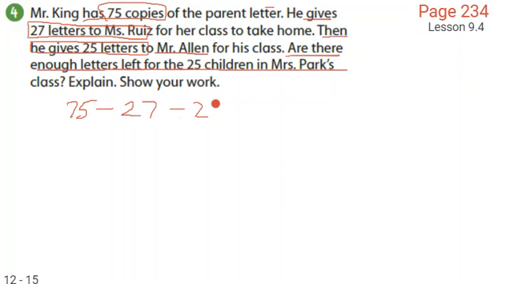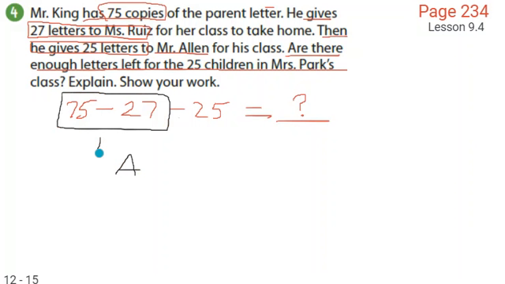What is your first step? 75 minus 27, so this is step 1. And then step 2, let's say I have an answer here, so I'm going to put an A here.